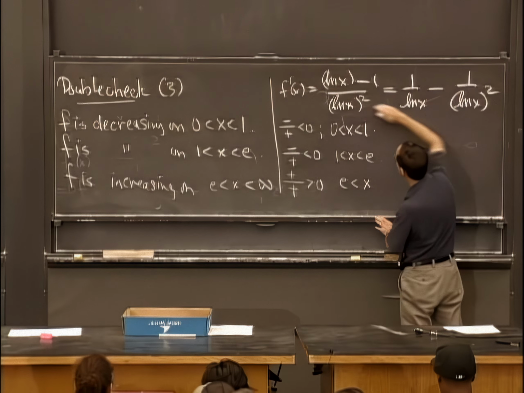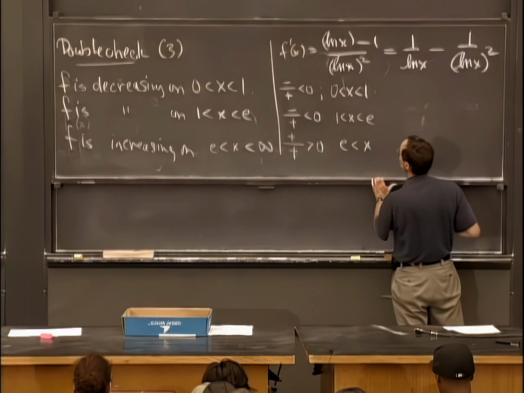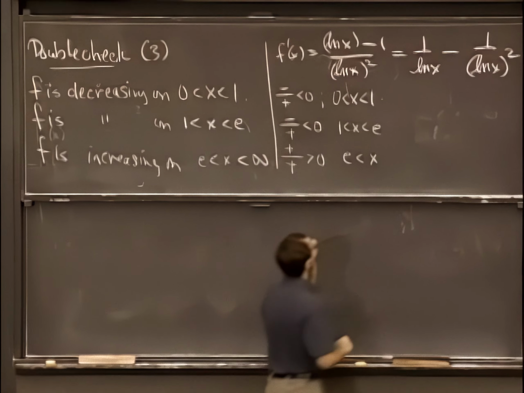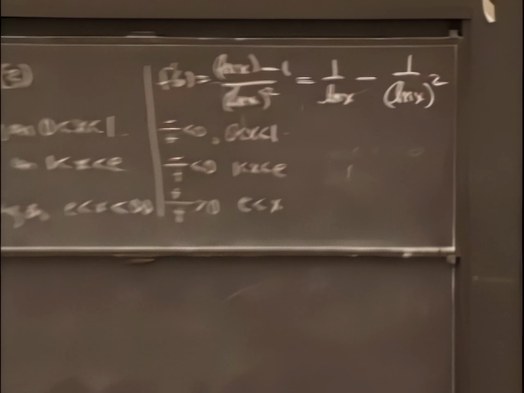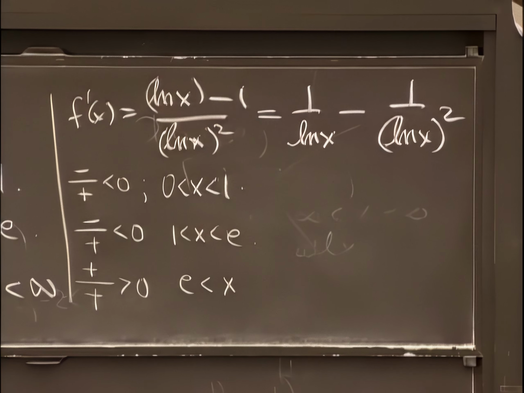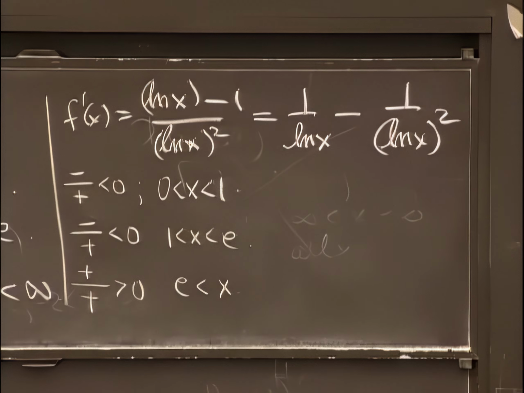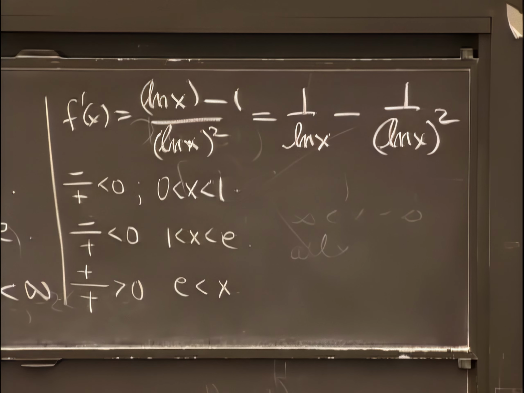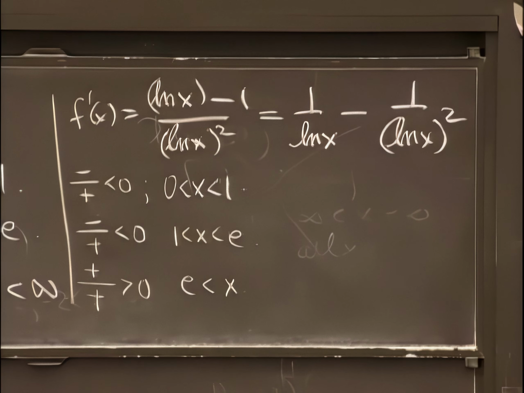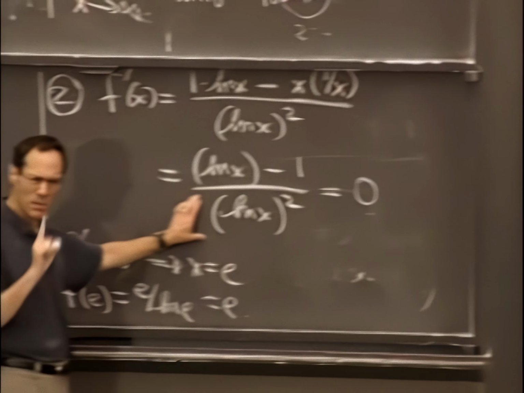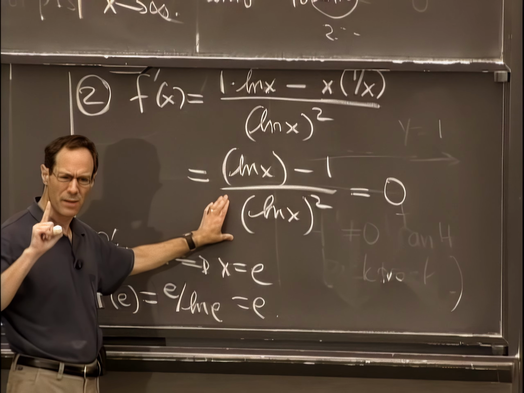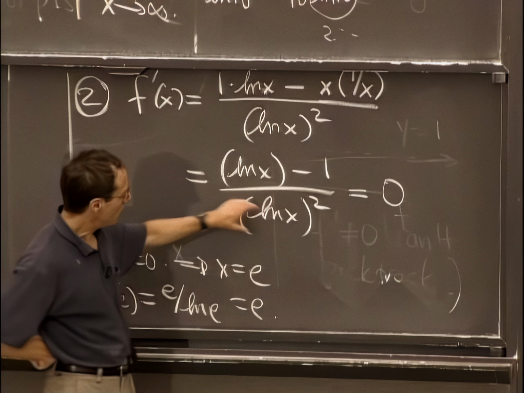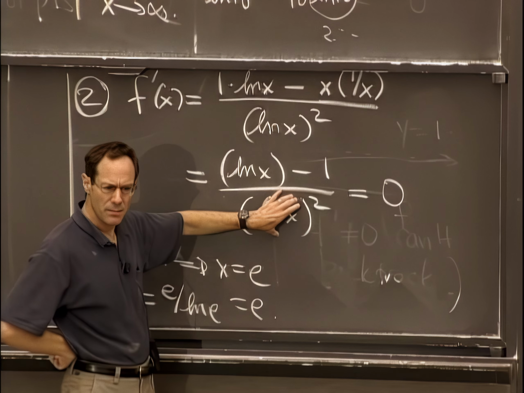All right, so that's another way of writing the derivative. And that allows me to notice something that I missed before. When I solved the equation log x minus 1 equals 0, I missed a possibility. I missed the possibility that the denominator could be infinity.